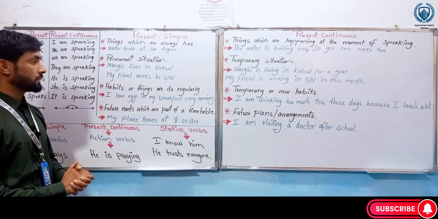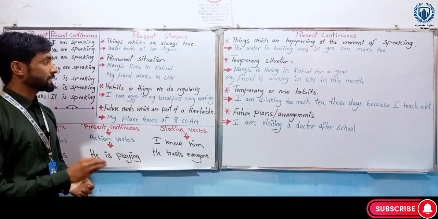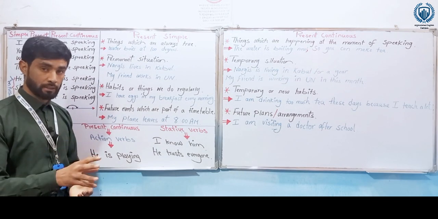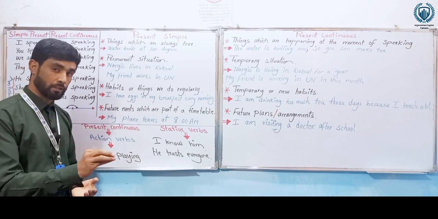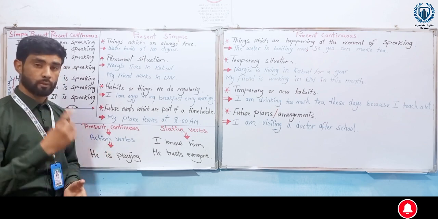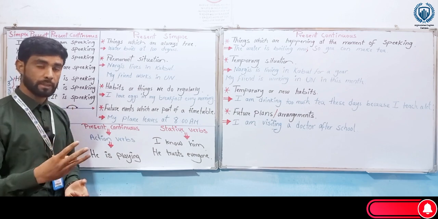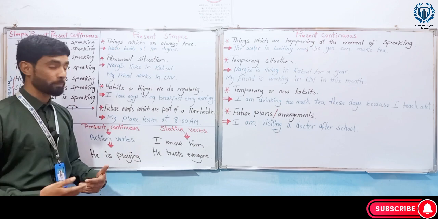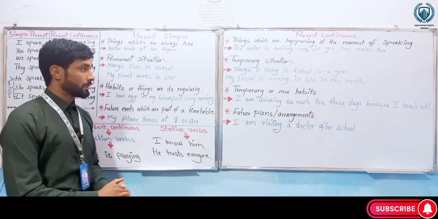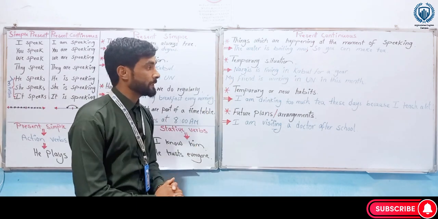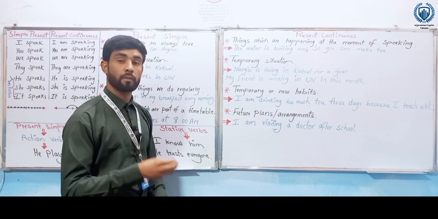Look at these examples. Nargis lives in Kabul. It means her house is in Kabul, her family is in Kabul, and she lives in Kabul not only for 1 day, for 2 days, for 3 days. She lives in Kabul. Her life is in Kabul. It's a permanent situation. And with present continuous tense, Nargis is living in Kabul for a year.